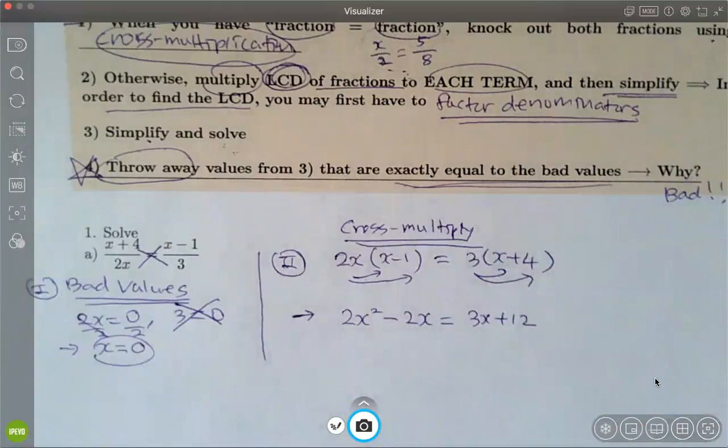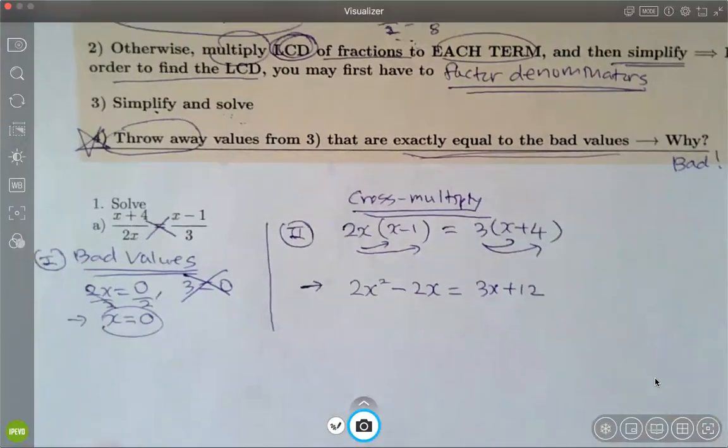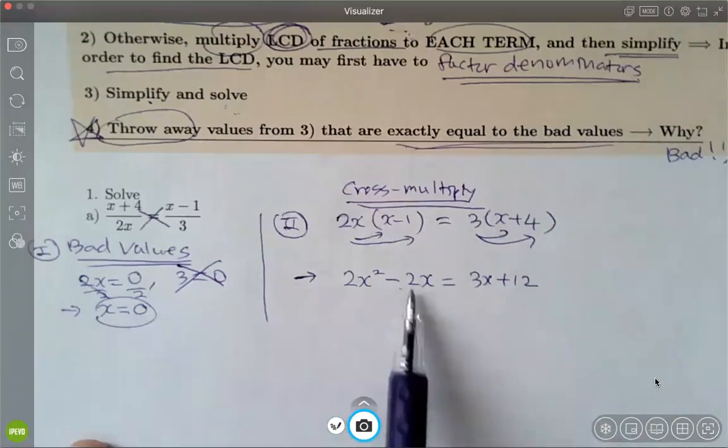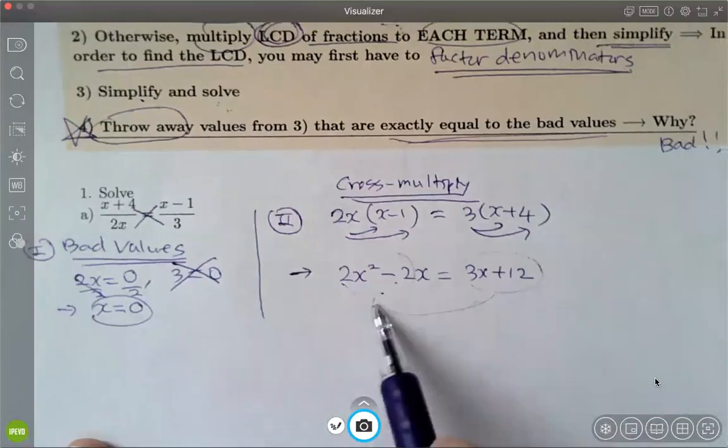Now, how do we solve this equation? Move everything to one side and solve for x. Do we move 2x squared minus 2x to the right or 3x plus 12 to the left? We can do that, but there's a better way, which is to subtract 3x and subtract 12.